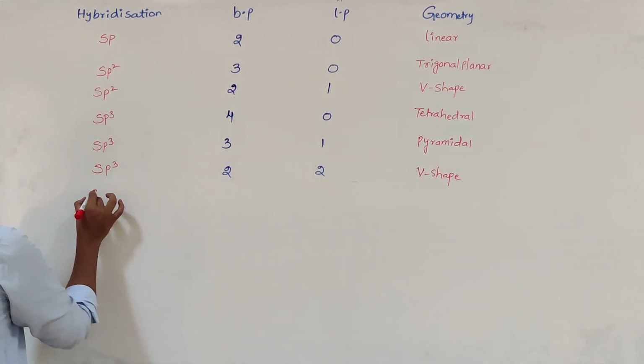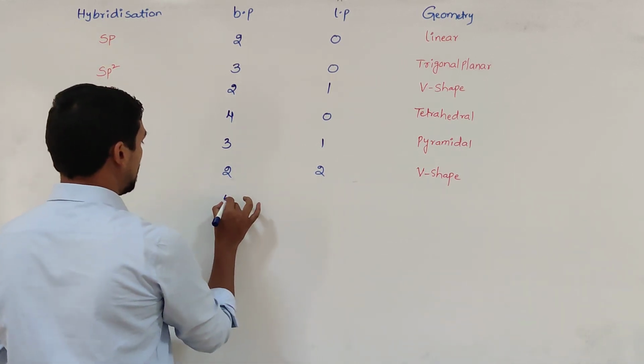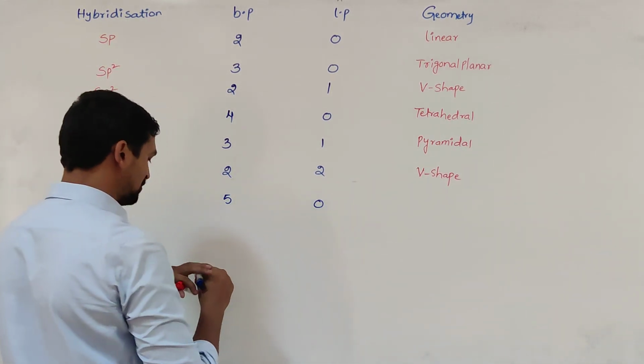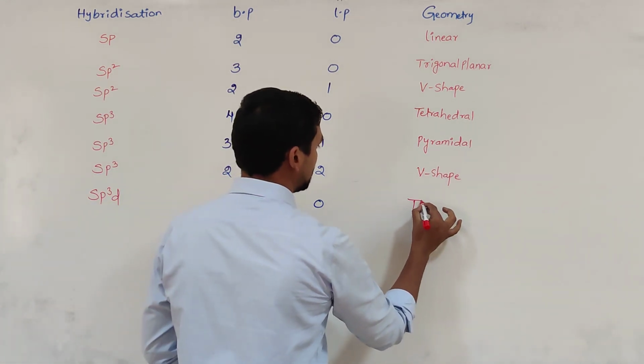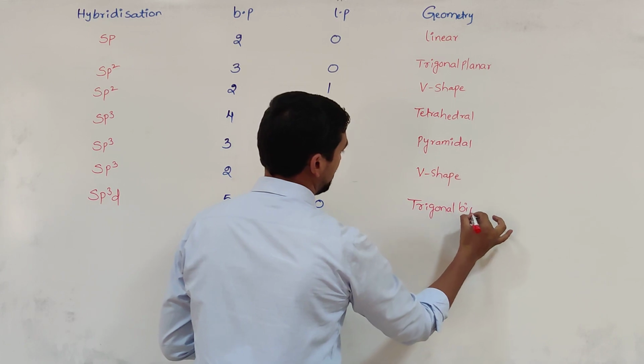In sp3d hybridization, all 5 are bond pairs, 0 lone pair. The geometry is trigonal bipyramidal.